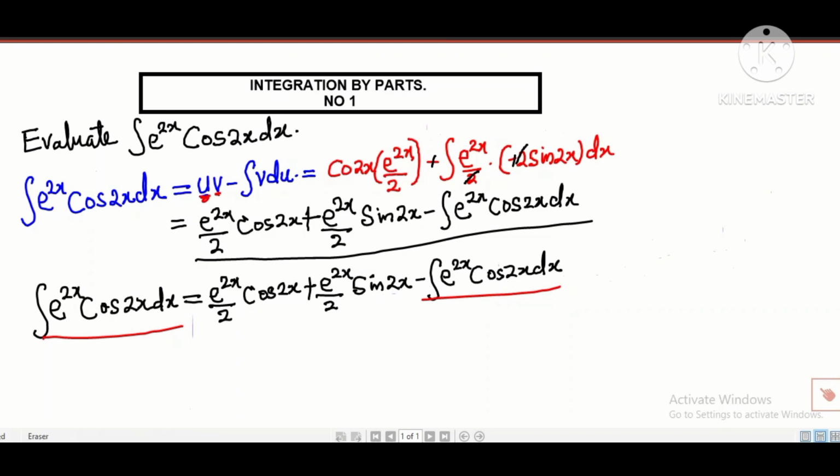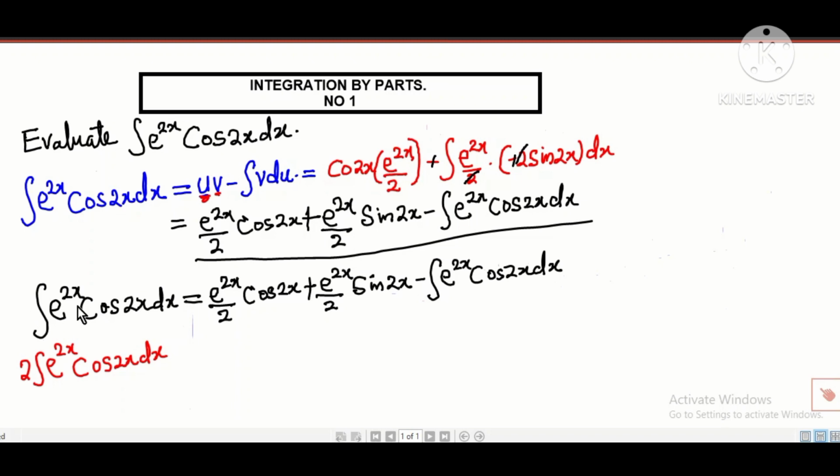Because of the space on my board, that simply means if I carry this to the other side of the equation, it's going to be plus. So this is going to be 2 times the integral of e to the power 2x cos 2x dx. It was minus, but if I carry it to this place, it will be plus.